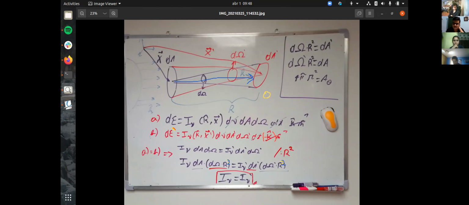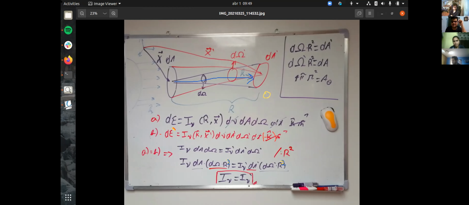And now we use the idea that nothing happens in between, that the photons that cross dA in the direction of dA prime must be the same as those that are crossing dA prime from the direction of dA. And then we replace dE equals dE prime. And this is how we finally write the equations that Felipe wrote as A equals B.